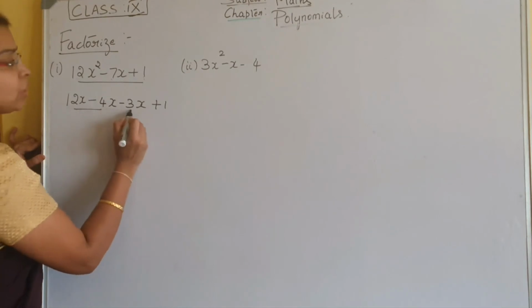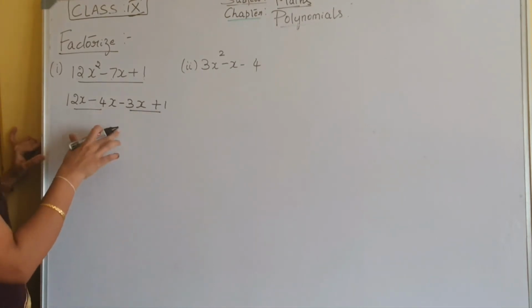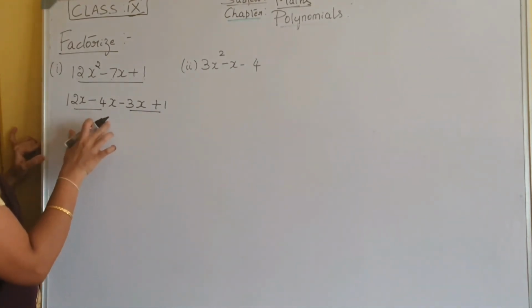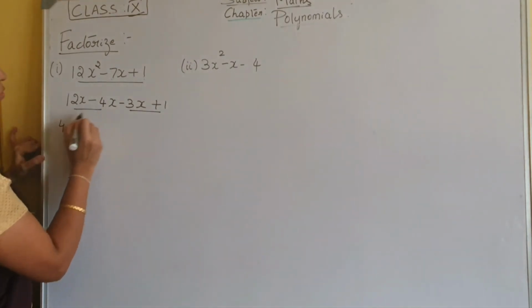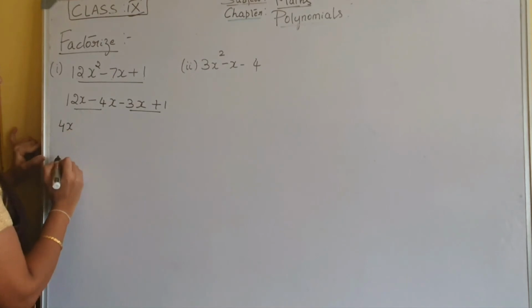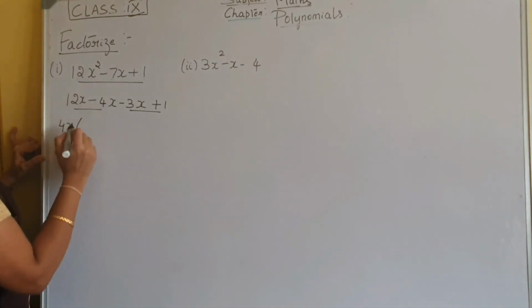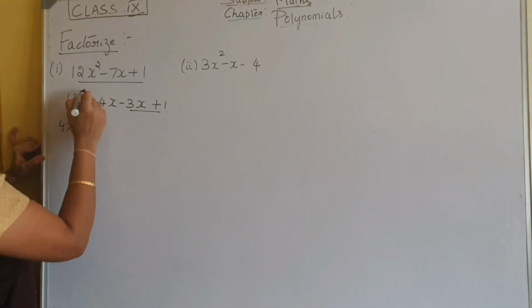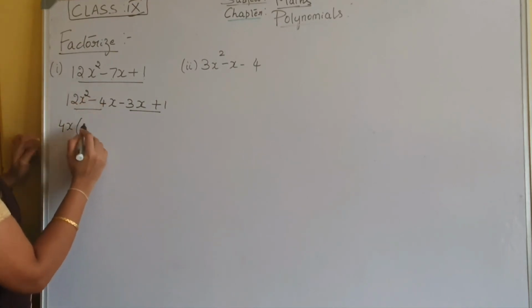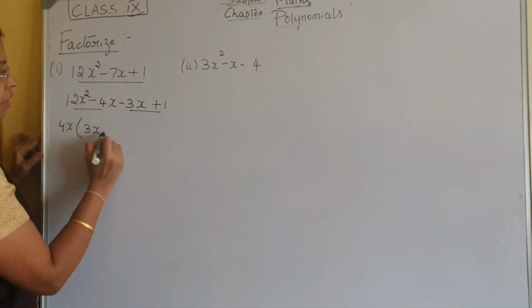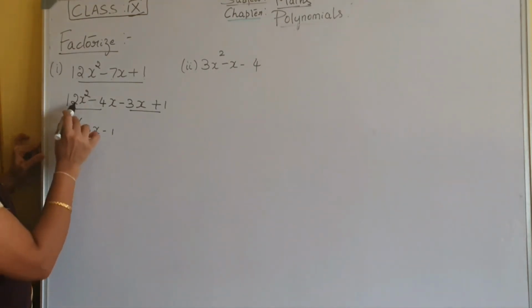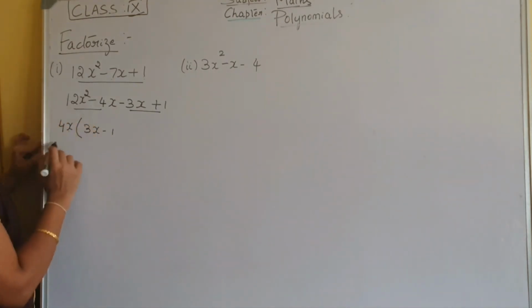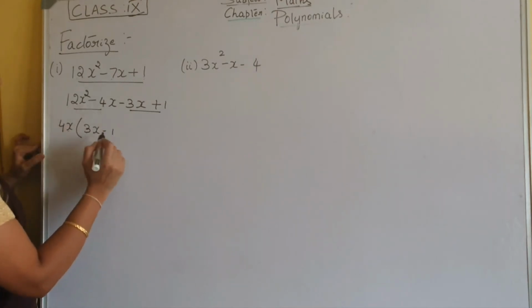Now we will group it. This we have done in the earlier classes. We will just recall it here. Okay. So when we group, what is common here? 4x is common here, which leaves you x square... 3x minus 1. 4 into 3, 12, and x into x is 12x square, plus into minus minus 4x.